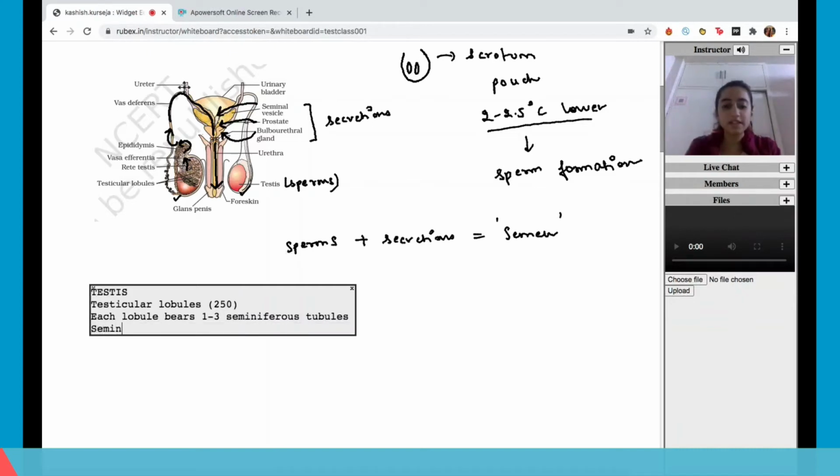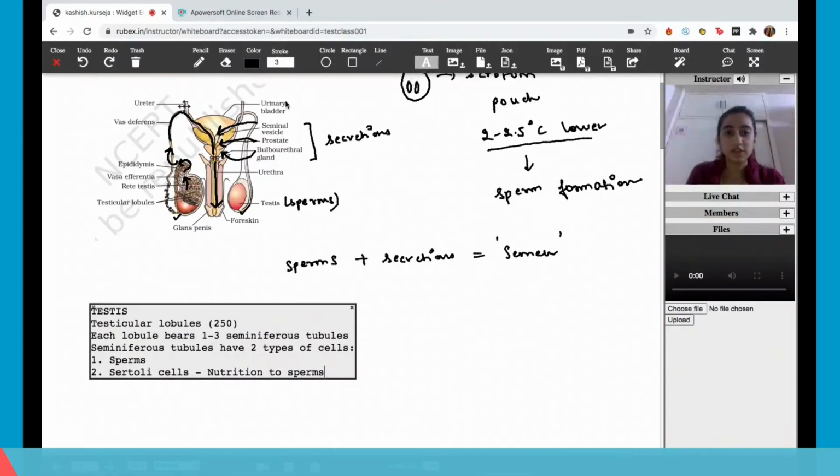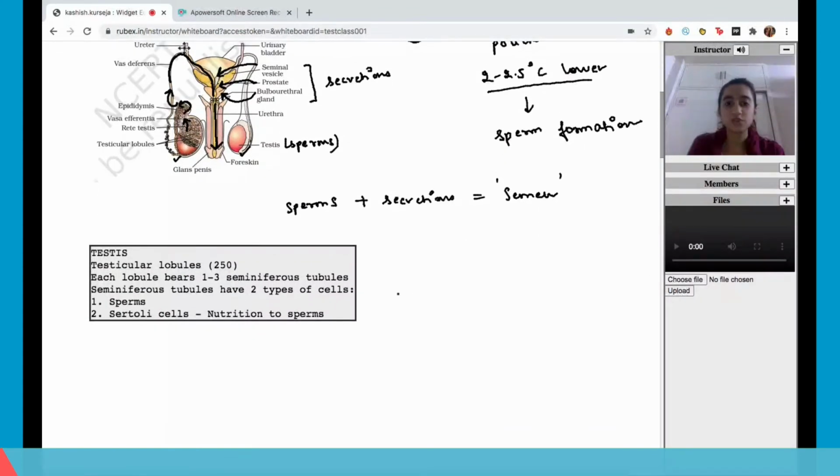Now, these seminiferous tubules have two types of cells. The first cells will be responsible for forming sperms. Second cells are known as Sertoli cells, which are important for providing nutrition to sperms. So this is the function of the two types of cells found inside seminiferous tubules.